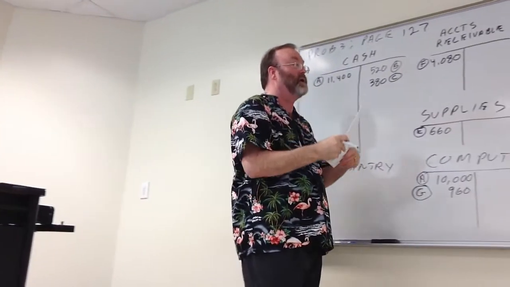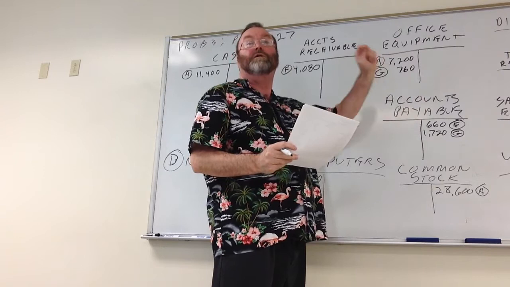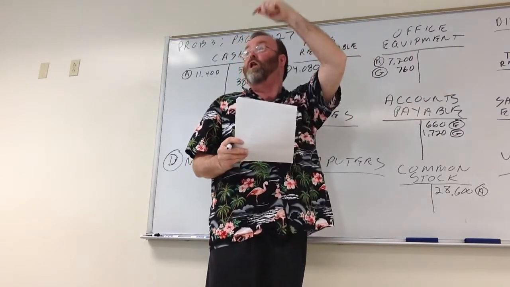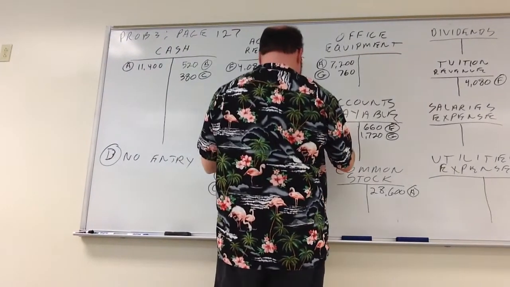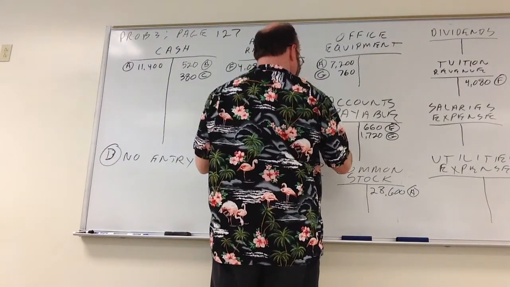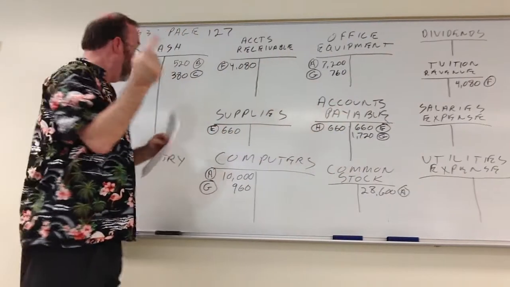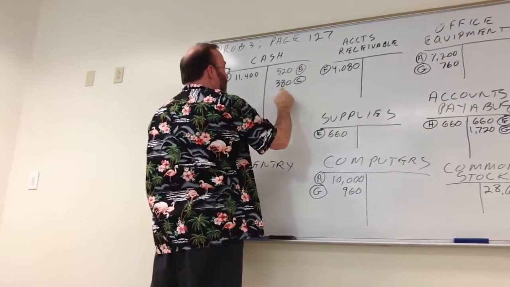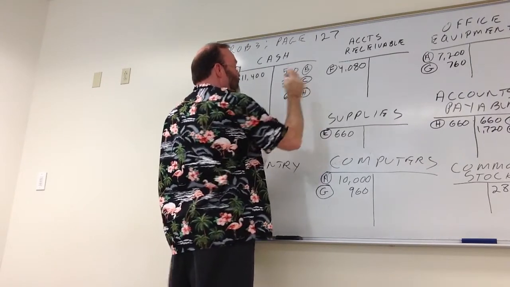H, we paid for the supplies purchased up in E, $660. So now we're paying that payable. So we're going to lower the liability by debiting, and this is H, $660. And the only way our vendors are going to allow us to pay that is if we give them cash.